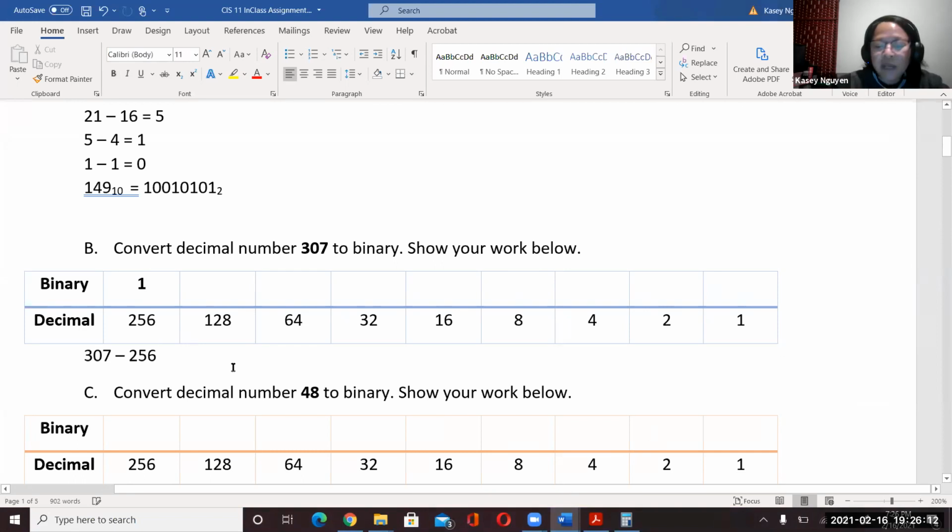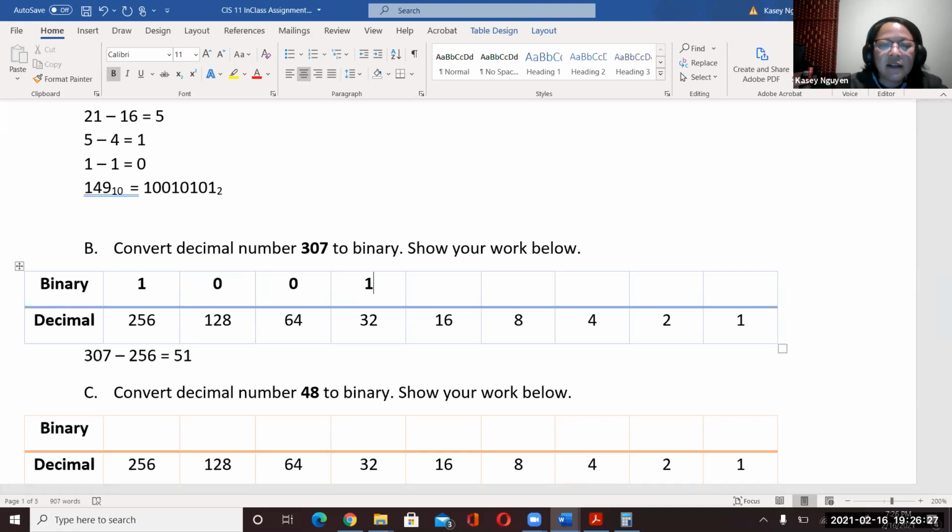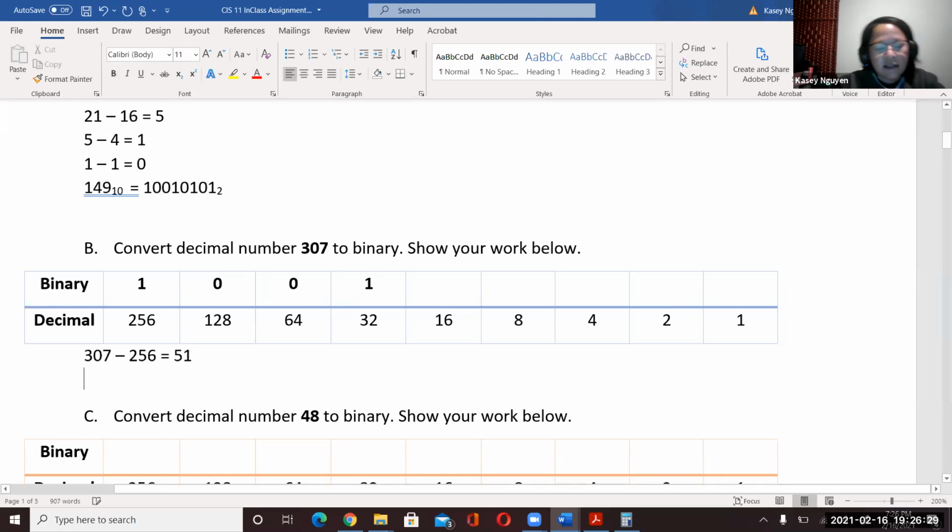Okay. And then what would be the next number you subtract? 32? Not 128. So you zero that out, right? And then you would take 51 minus 32. You put a 1 there, right? Okay, so that should give you 19.